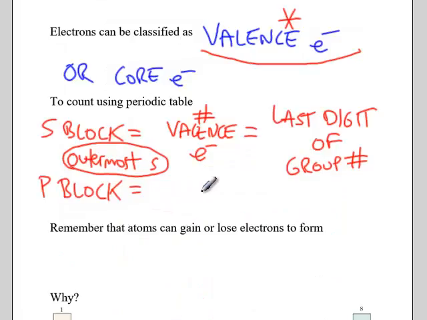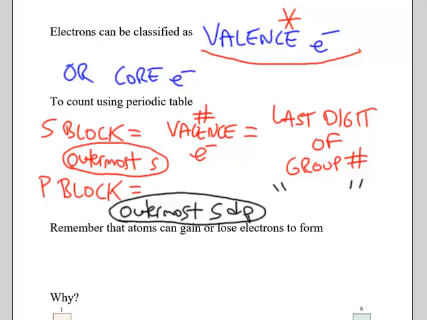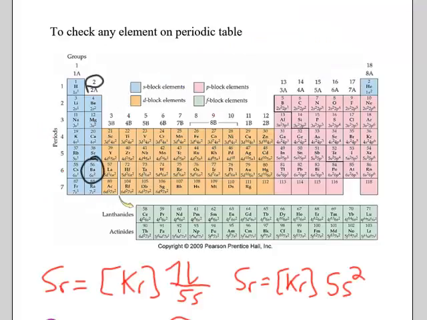If you're in the P block, the number of valence electrons is still equal to the last digit of the group number. The only difference is now we're talking about the outermost S's and the outermost P electrons. So we were talking previously about germanium, number 32.